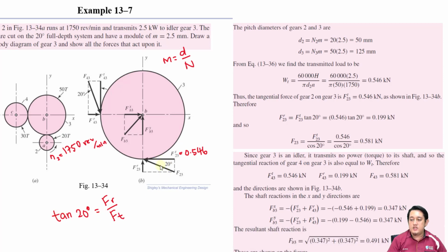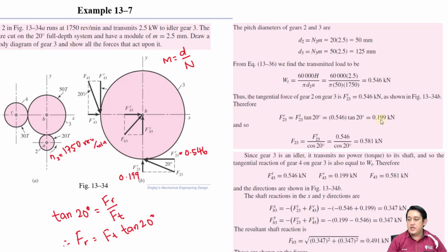Because we have the angle 20, tangent is this side over this side, so FR over FT. Because we already have the value of FT, 0.546, we can calculate FR equals FT tangent 20. Inserting the value, we get FR is 0.199 kilonewton.